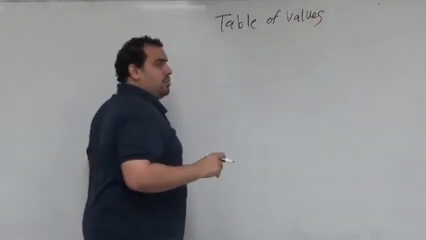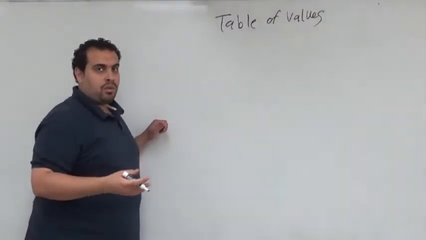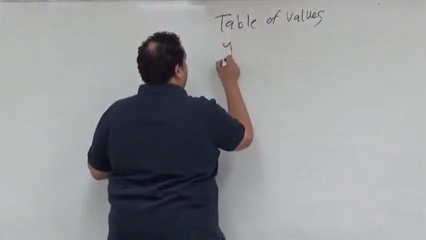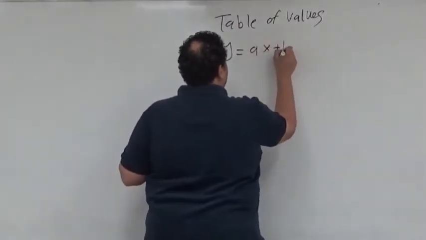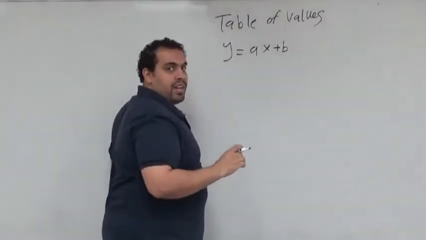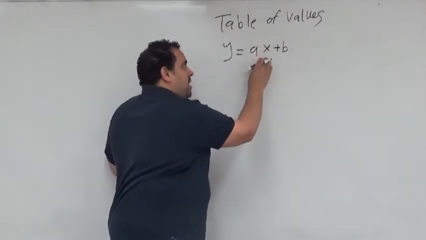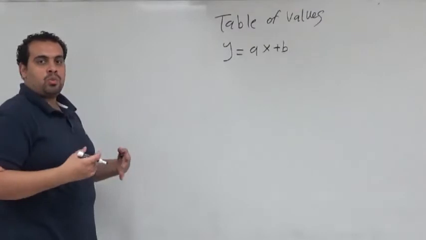Before we explain that, the linear equation standard form is y equals ax plus b. So now I have more than one variable: y is a variable and x is a variable. We see this is input and this is output, and that's how the table of values works.